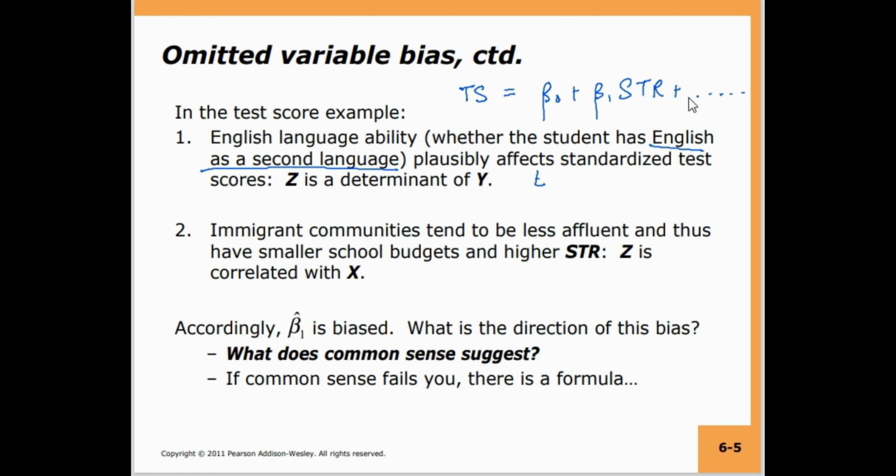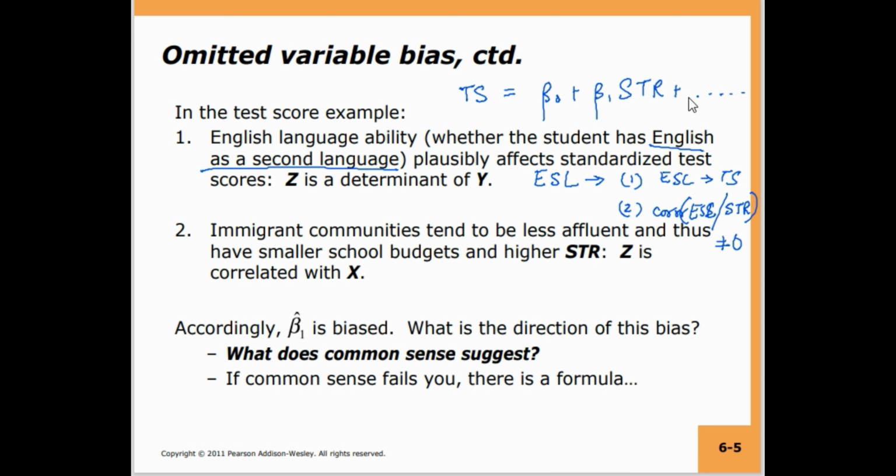Now does this English as a second language meet both the conditions? That is, does English as a second language affect test scores? And second, is it true that the correlation of English as a second language and the student-teacher ratio is not equal to 0?